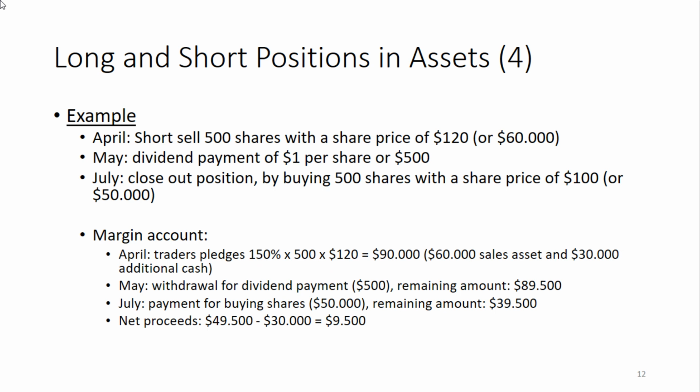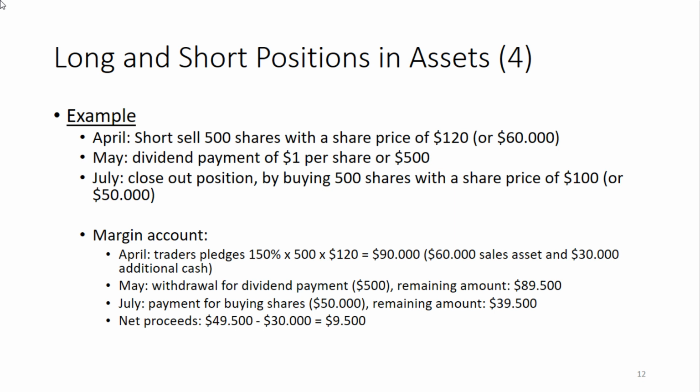So let's look at an example. Let's look at an example where in April a trader requests a broker to short sell 500 shares with a share price of $120. That means that in total a value of $60,000 will be received by doing that. In May there is a dividend payment of $1 per share, which in total means a dividend payment of $500.